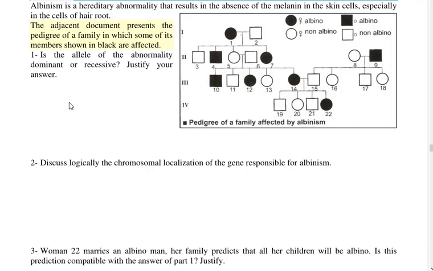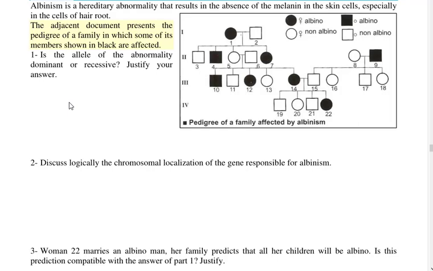Which individuals do you want to take to prove it is recessive? Which couple and which children? The couple 5 and 6 and the children 10 and 12.